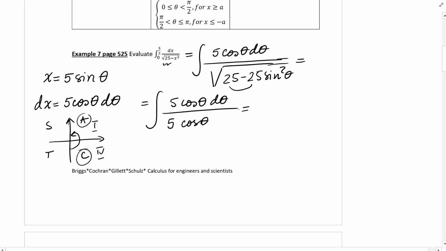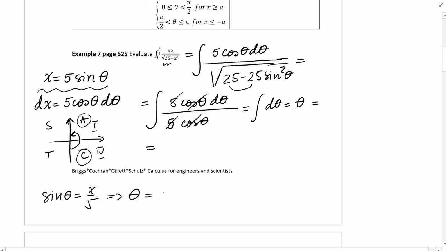Now, if we cancel this, we end up with the integral of d theta, which is equal to theta, but theta is given by this relation, which means sine of theta is x over 5, or theta is arc sine, or sine to negative 1, of x over 5. So the answer is arc sine of x over 5, and x is from 0 to 5 over 2.